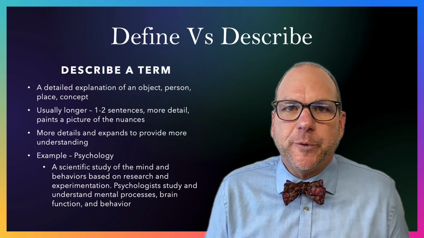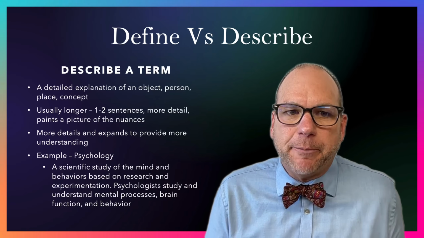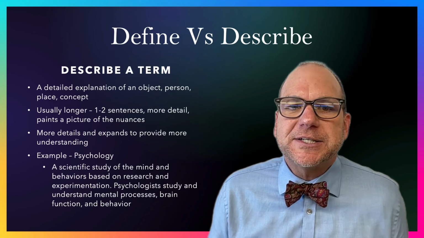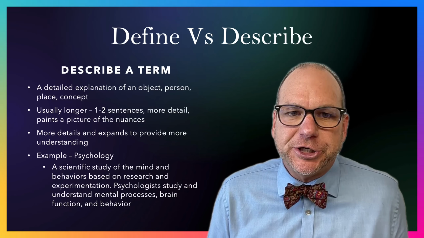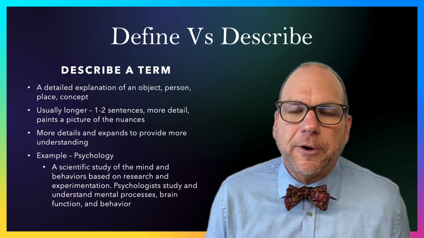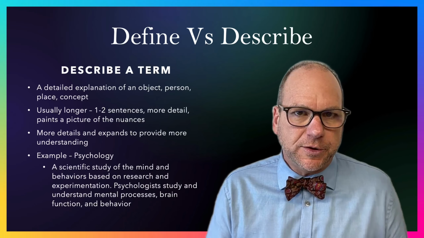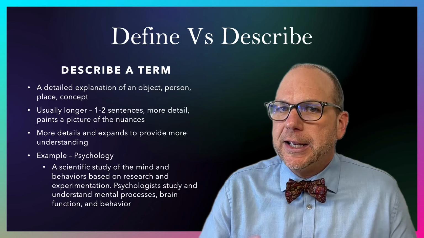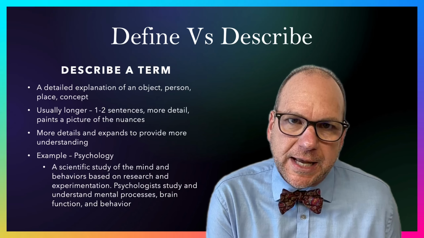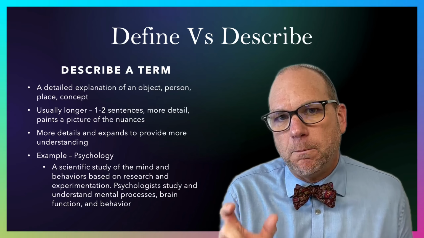In this case, if we talk about psychology, for example, it's a scientific study of the mind and the behaviors based on research and experimentation. Psychologists study and understand mental processes, brain function, and behavior. So you can see a description is a much more comprehensive picture of what it looks like, where a definition is a short bullet point.